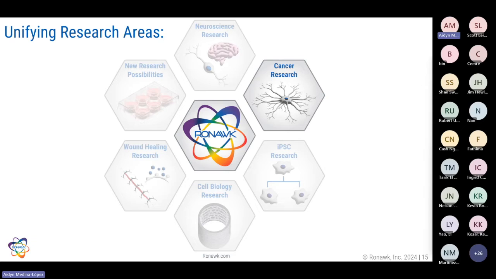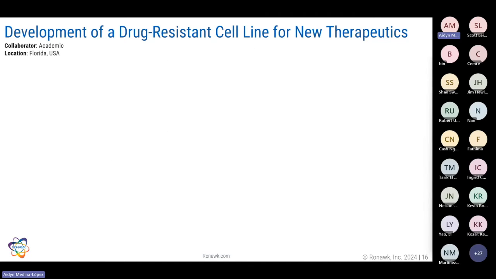For other research areas, for cancer research, we're currently working with an academic collaborator based in Florida that is interested in developing a drug-resistant cell line for new therapeutics. Their hypothesis was, since it takes up to a year to develop a resistant cell line in 2D, maybe if we add that three-dimensionality to it, it would allow the cells to accelerate that process of becoming resistant.